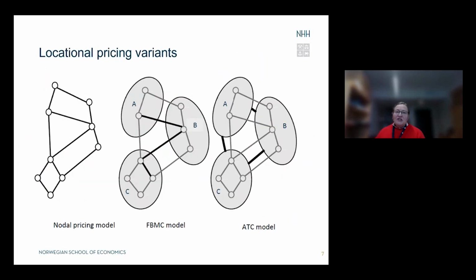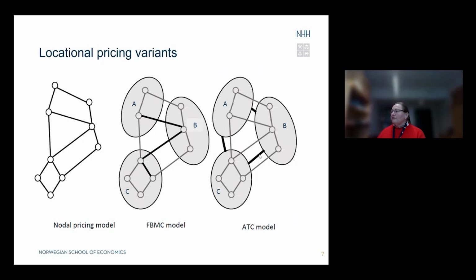So just to describe what is happening here, I have 3 models of the same grid. On the left side, we have all the details included. That would be the nodal pricing model. On the right-hand side, we have the old zonal pricing model illustrated. And what we see here is that we have nodes that are grouped into price areas.